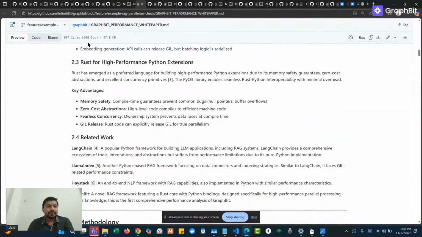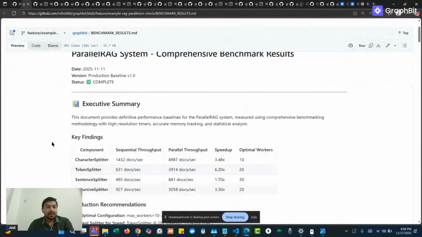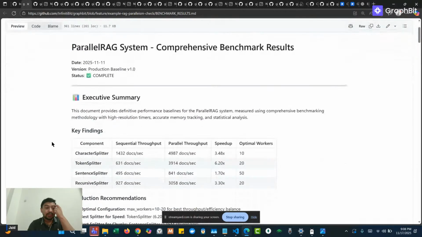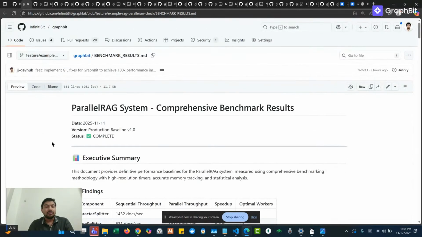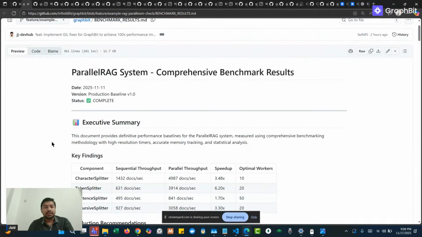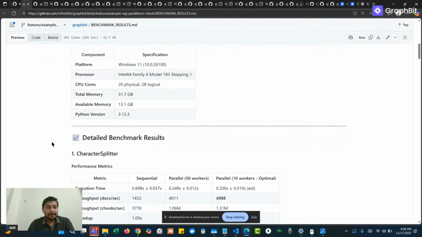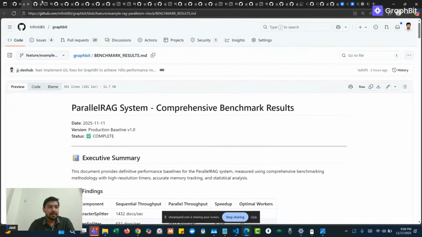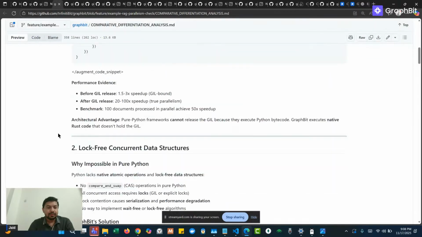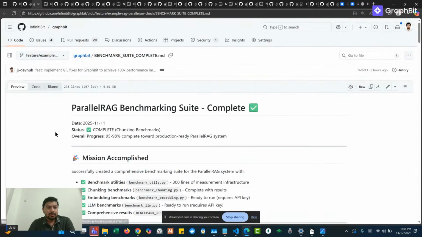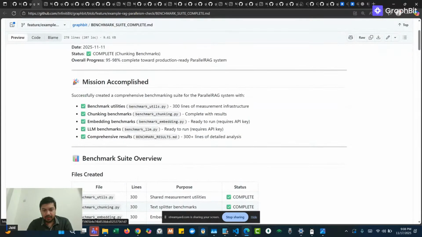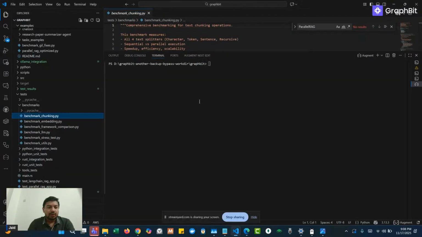So let's get going. Let's see what we can do with stress testing when building the RAG system with both LangChain and GraphBit. Okay, let me go into the code in detail.